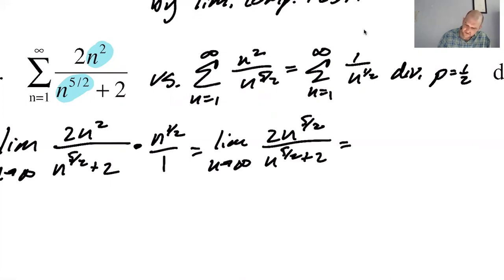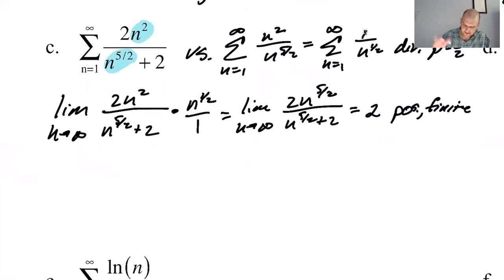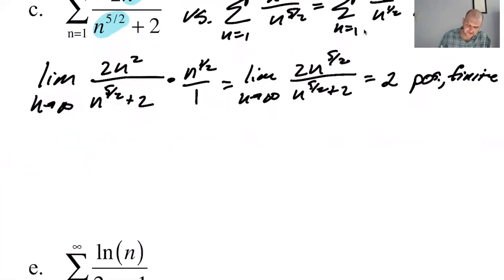The assumption being that you kind of know what you're doing. Positive, finite. But I always think, why are you taking this if you don't know what you're doing with these things? Go back and review, get really good at that, and then come back. Don't rush into this. Positive, finite. All right, so they do the same thing.